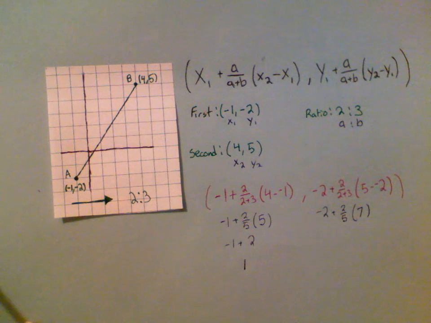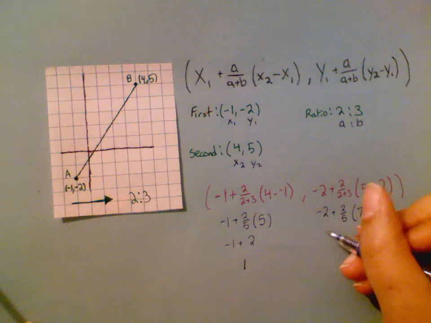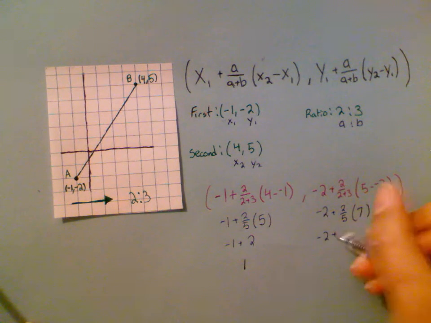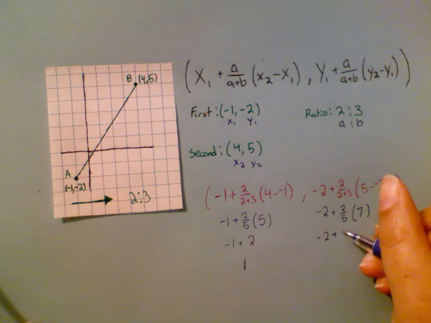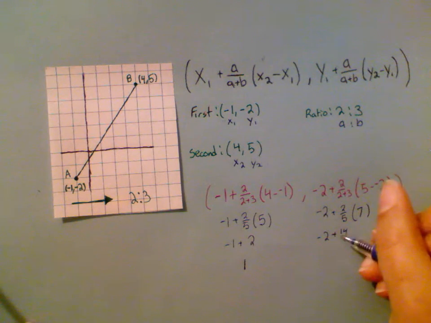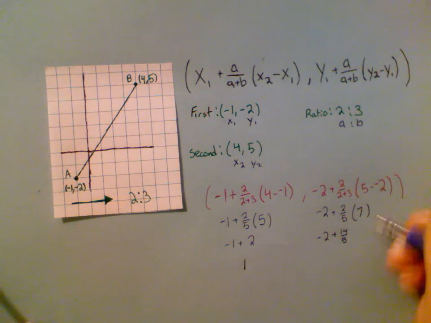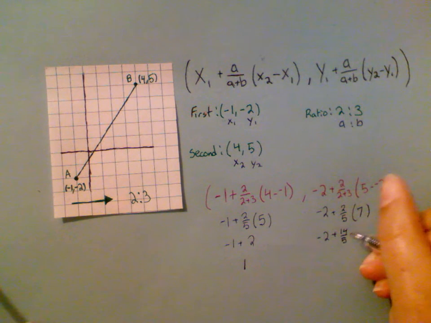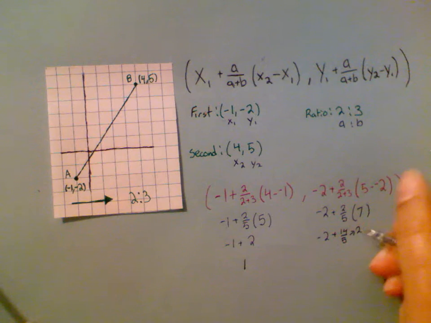Right? Okay, and again, you can just do this in your calculator, and it comes out to be negative 2 plus 14 over 5, which if you convert it to a decimal in your calculator, that's 2.8. 14 over 5 is 2.8.